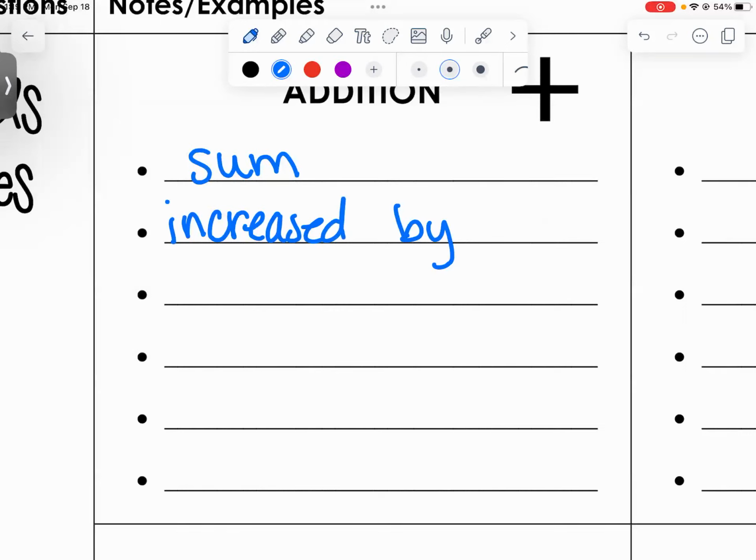What's something else that maybe we saw? Total. What's a very simple word? It's probably what you used when you were in kindergarten. Okay, add. Besides add, plus.